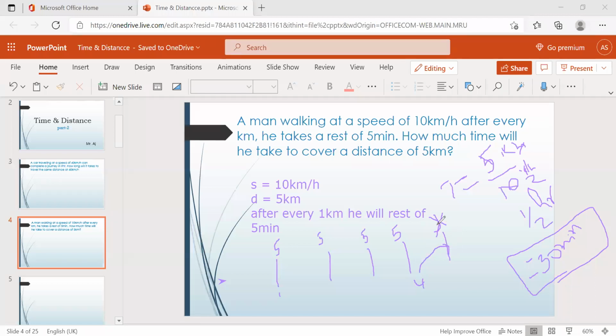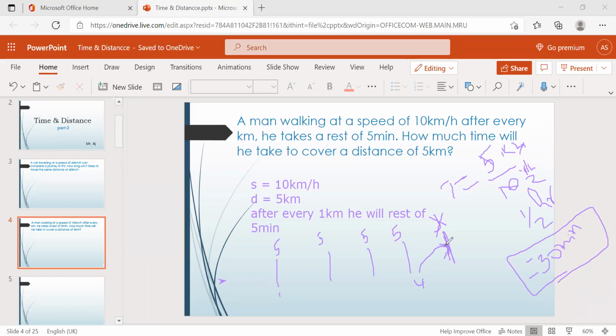So no need to take rest actually. What we need to find out is what time it will take to reach the destination only. After that, we don't require it. He can take 5 minutes rest, 1 hour rest, whatever it may be, so we don't bother about it.